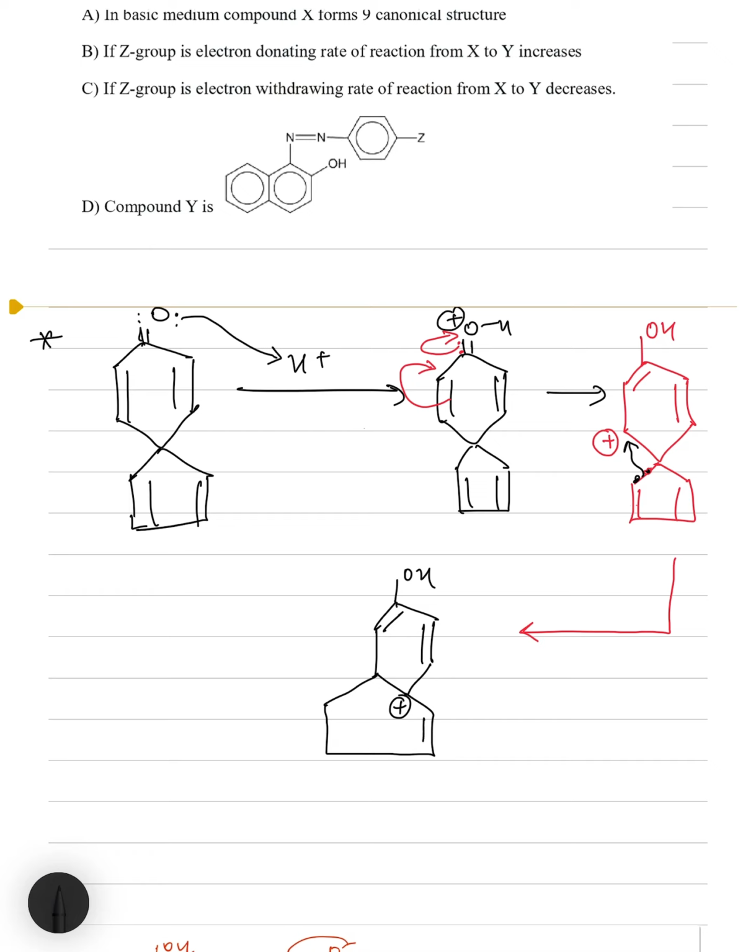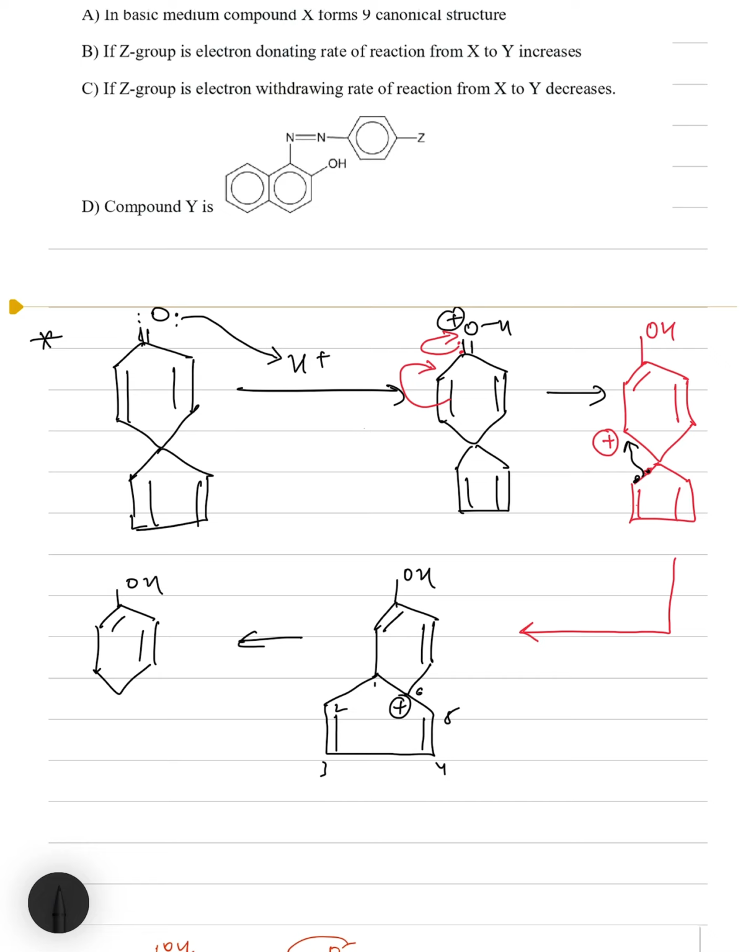Here comes the positive charge, and here comes the pi bond. Now, if you look at here in the ring downside, there are 6 carbons. One, two, three, four, five, 6. In this way, there are 6 carbons here. So that means the rearranged product will be like this.